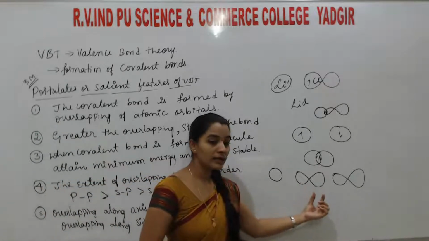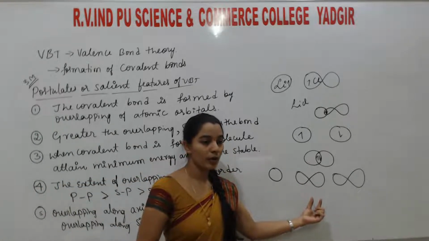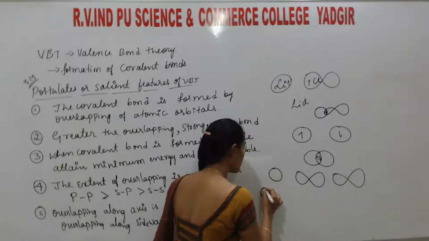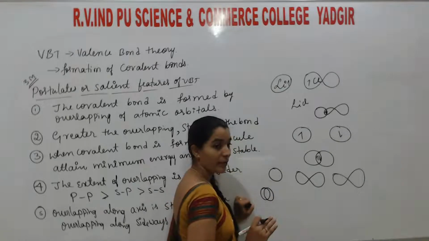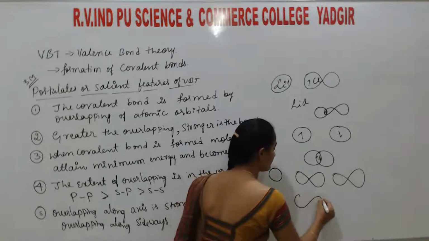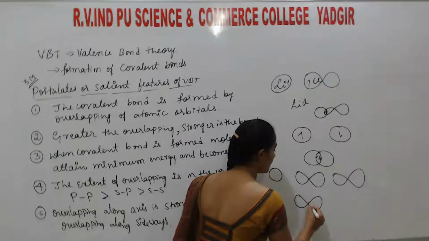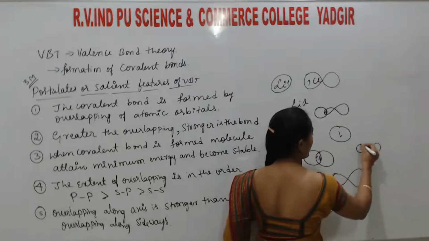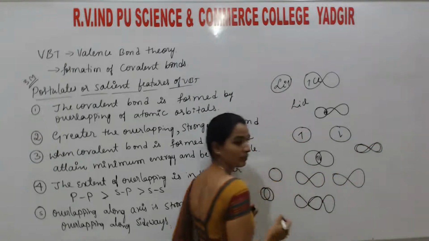If greater surface area is available for overlapping, then, of course, if the s orbital is there, maximum overlap happens only at this position. But the p orbital is not like that. It may be completely overlapped like this, or it may be completely overlapped one above.